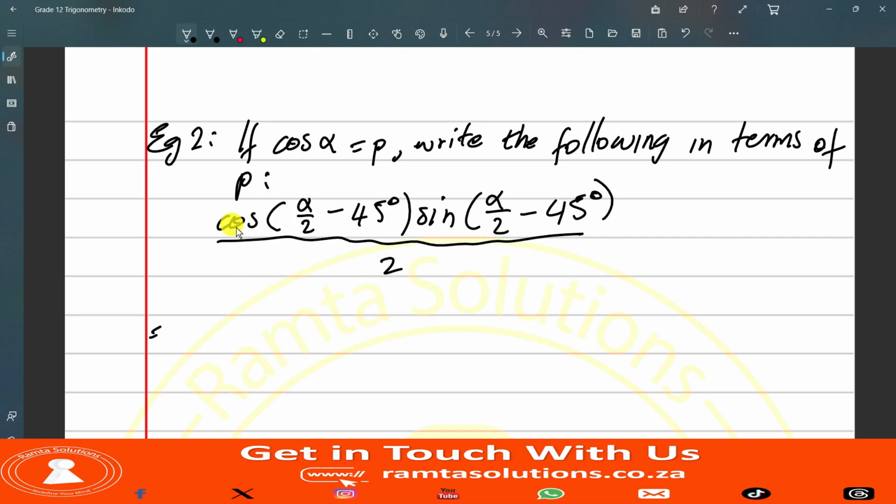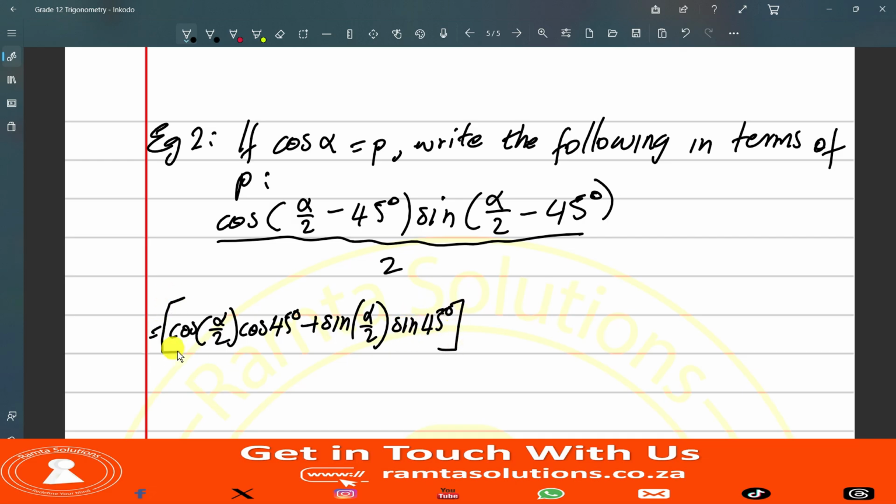Then we say, I see this is a compound angle formula. So we say cos alpha over 2 cos 45 degrees. Because it's a minus, it must be a plus. We did prove it earlier. Now we then have sine alpha over 2 sine 45 degrees.